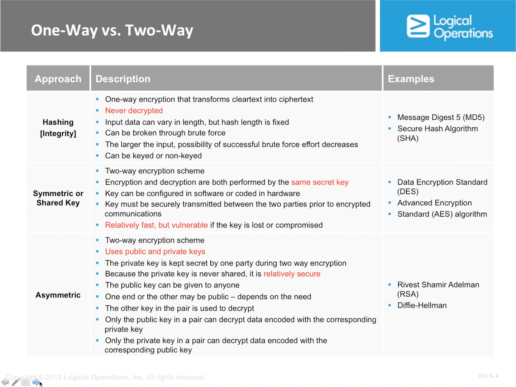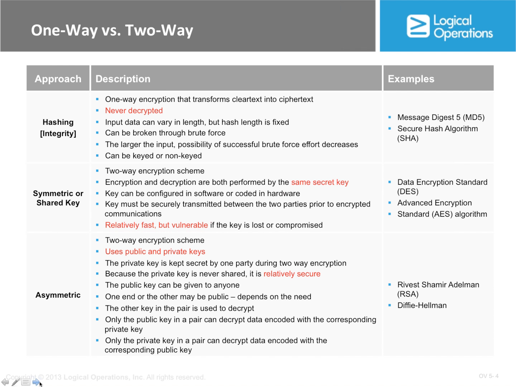Okay, when we take a look at whether I'm using substitutions or steganography or one-way encryption or two-way encryption, the things that I'm looking for, for instance, with one-way encryption, generally I'm talking about a hash, right?